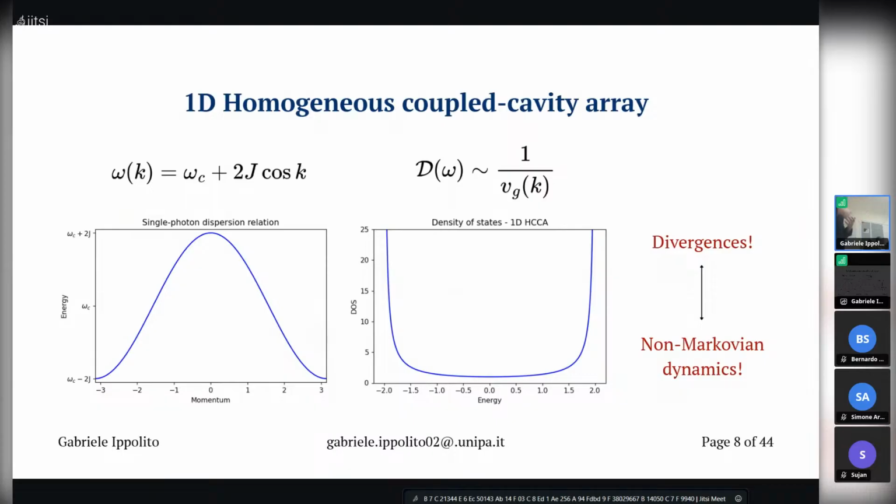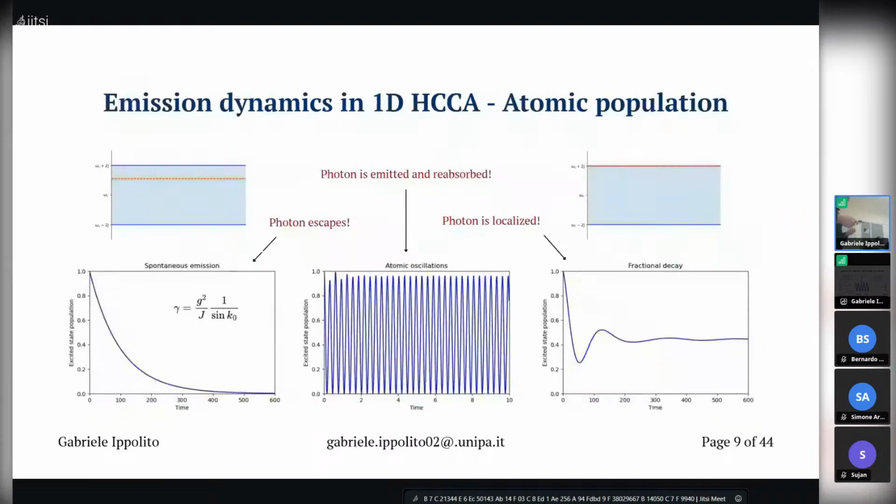This has an important consequence. If we consider a weak coupling regime in which the atomic frequency is tuned inside the single photon band, we observe spontaneous emission. Indeed, J is much bigger than g, so photons tend to hop into the adjacent cavities rather than be reabsorbed by the atom.